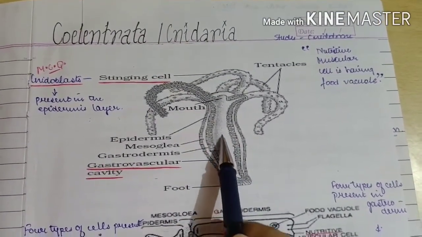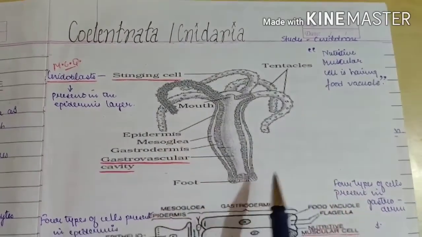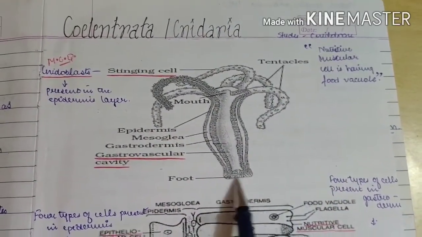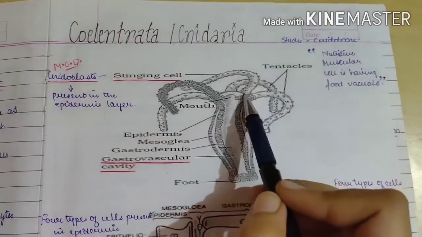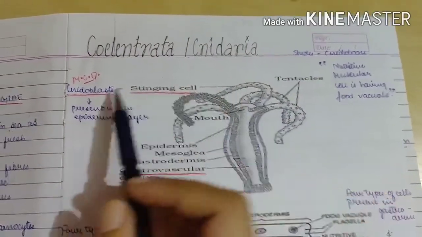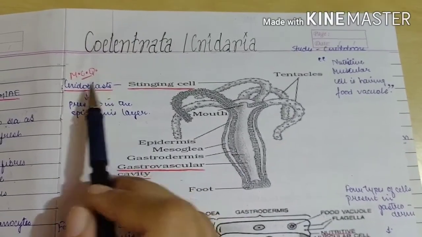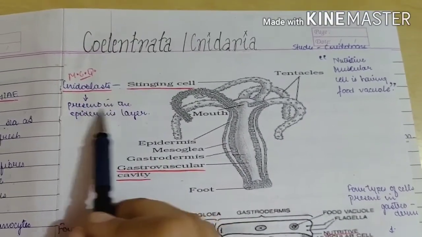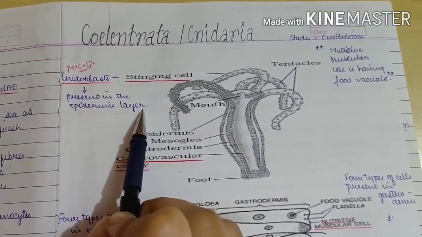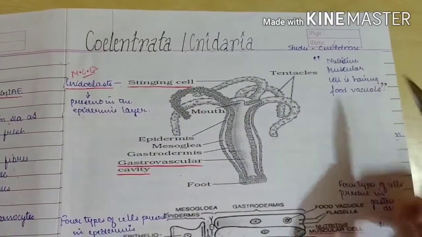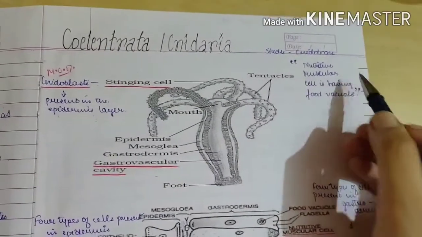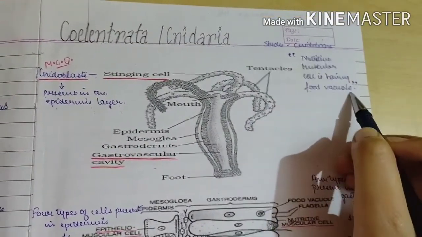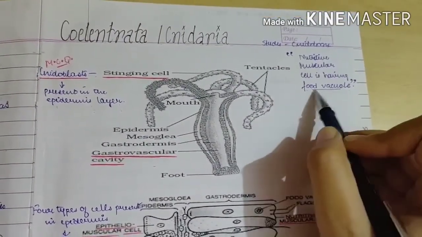They have a gastrovascular cavity. You can see here, this is their foot. They have the stinging cells, the nidoblast, present in the epidermis layer. The nutritive muscular cell has a food vacuole.